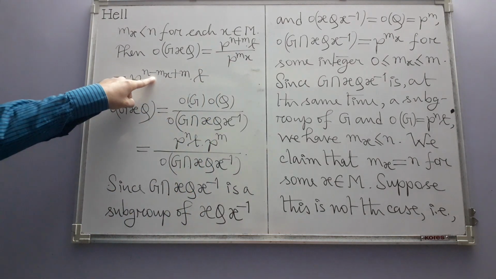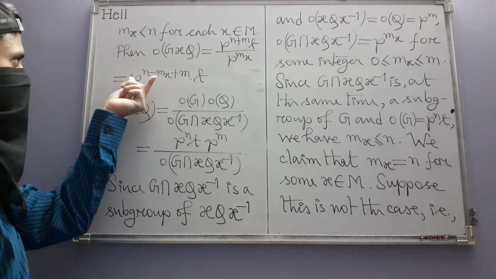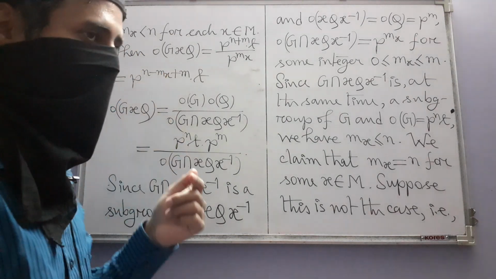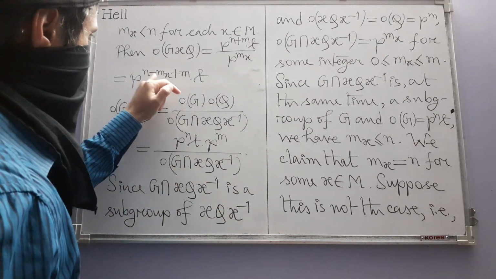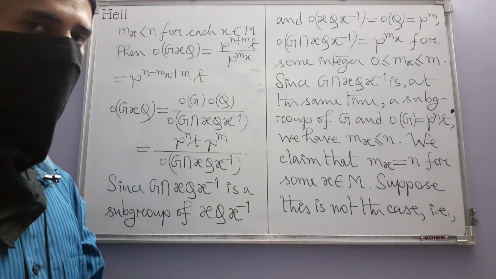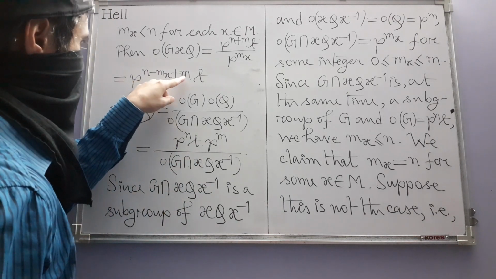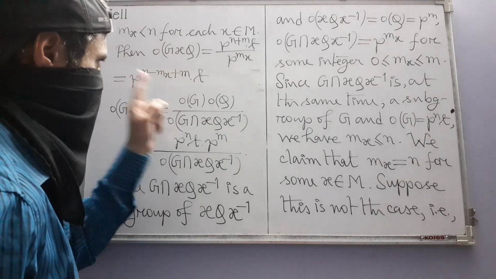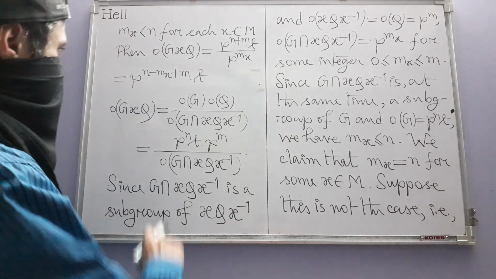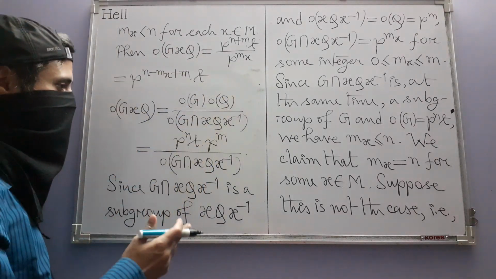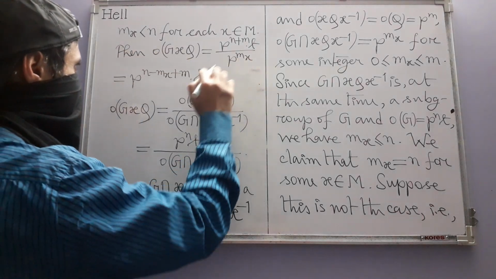Now you look at this exponent, because no matter what x is, mx is less than n. So this n minus mx is a positive integer. So its least value can be 1, or it can be even more. That means in any case we are getting at least m plus 1 in the exponent. Or in other words, this number is divisible by p to the power m plus 1.